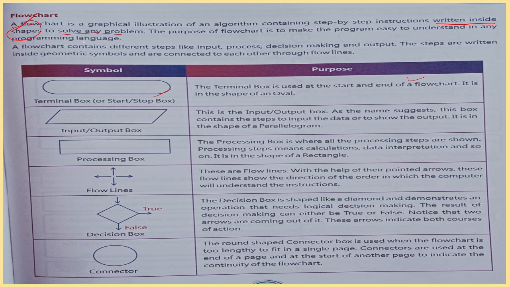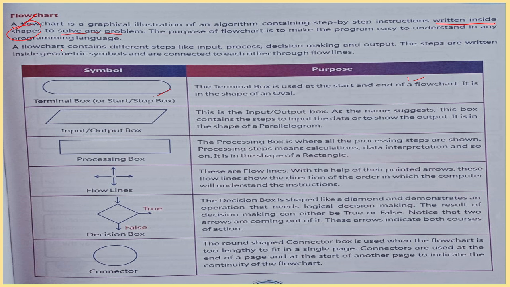Whatever you have written in the algorithm part is reflected in graphical form. There are lots of symbols which will contain the data values, the input part, the processing part, the flow lines, and the output part.